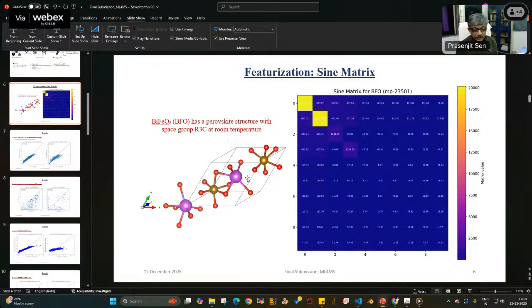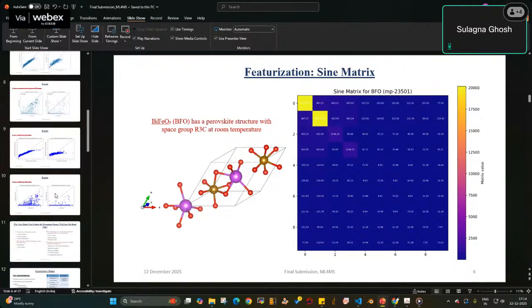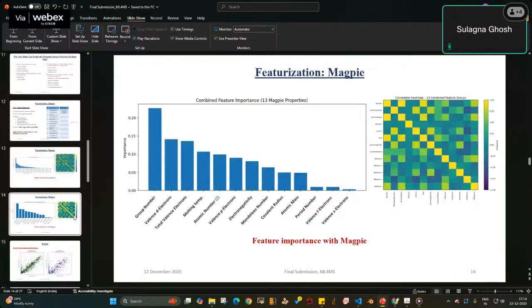Okay, so I think that's all I would like to ask. Sir, regarding your other question, here it is a perovskite compound. So oxygen is always present, and oxygen has p electrons.